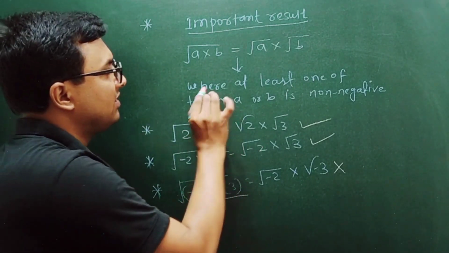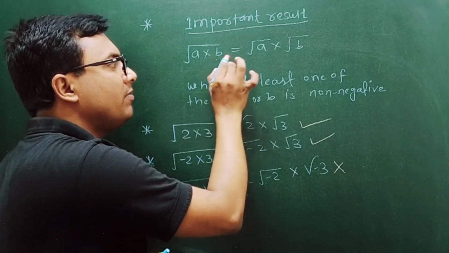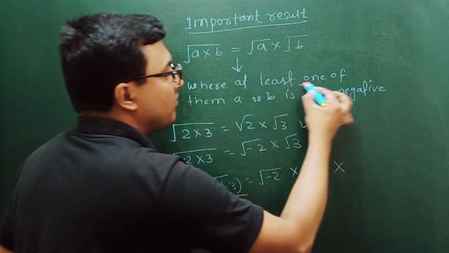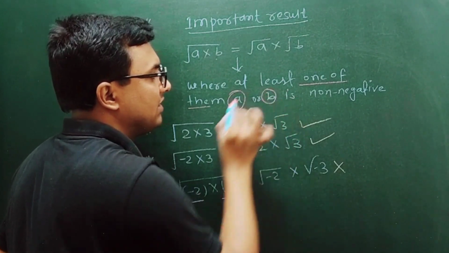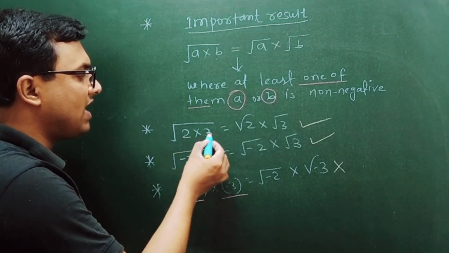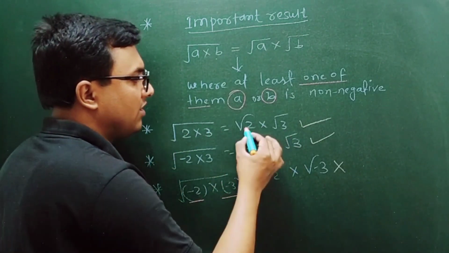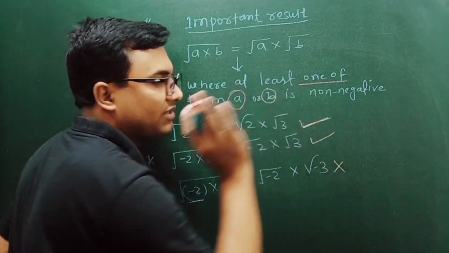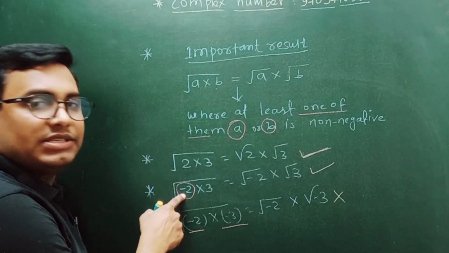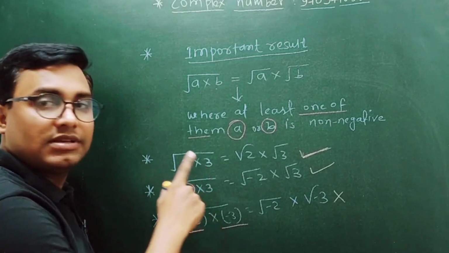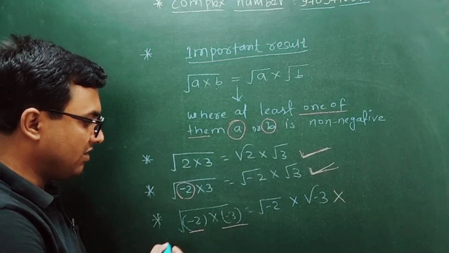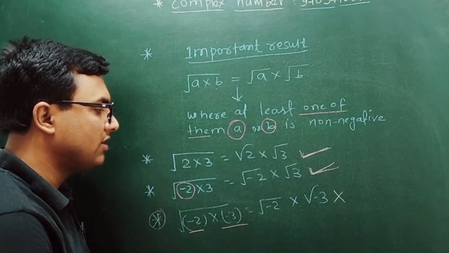The condition is that root under a into b can be written as root under a into root under b if at least one of a or b is non-negative. Here 2 and 3 are both positive, so this is right. In root under minus 2 into 3, one number is negative and one is positive, so this is also true. But in the third case both numbers are negative, so this is wrong.